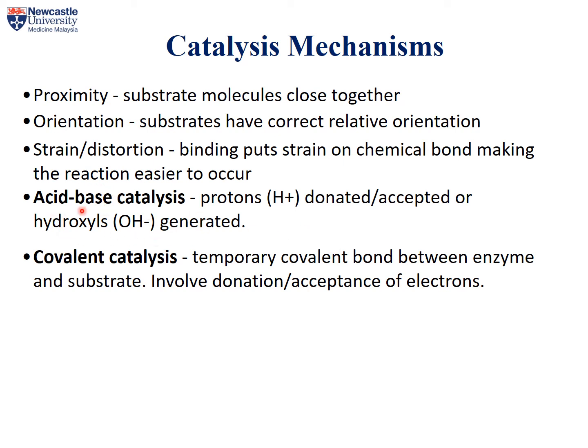While in the covalent catalysis, a temporary covalent bond in between enzyme and substrate will be formed. So in this process, it involves the donation or acceptance of electrons, while in the acid-base catalysis, you have the donation or the acceptance of either protons or hydroxyl groups.